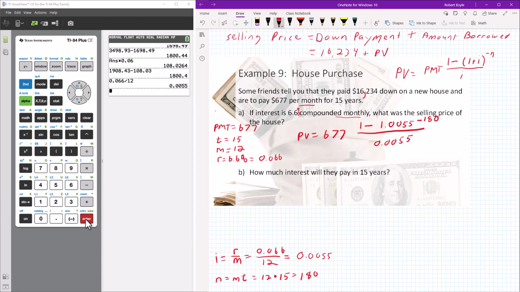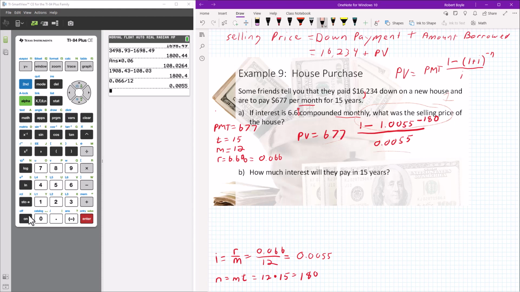Now, I showed you one way to compute this on your calculator. I'm actually going to show you another way now. And this way involves computing this first and then multiplying it by the payment and then dividing it by i. So let's go ahead and do it that way.